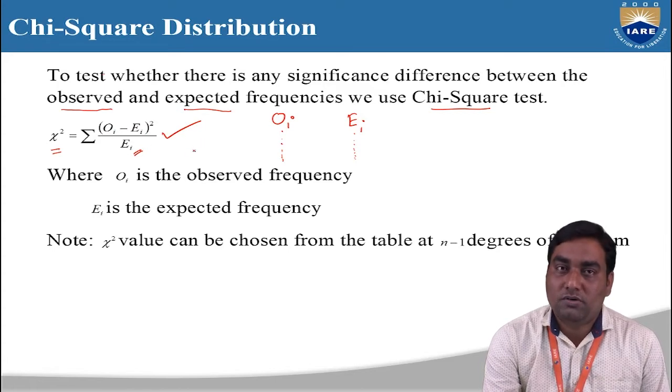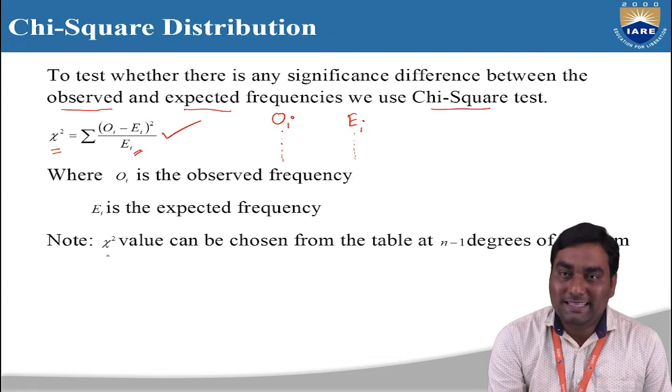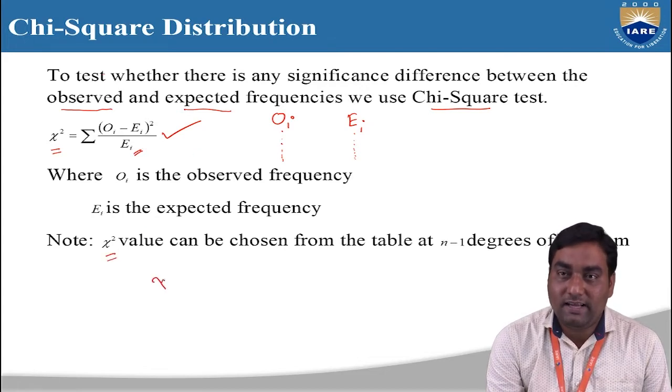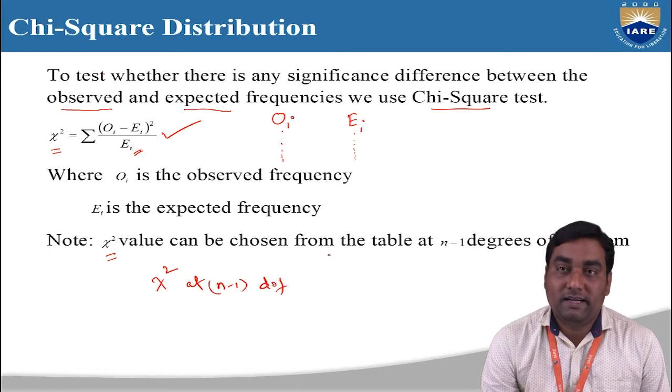In step 3, level of significance; the chi-square table value we choose at n-1 degrees of freedom from the chi-square distribution table. In step 4, this formula, the test statistic.